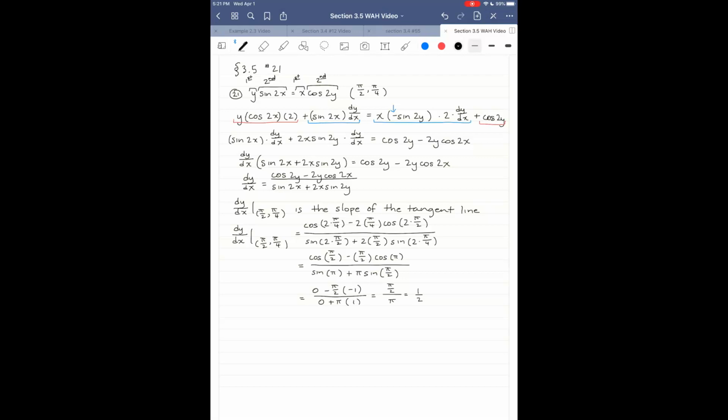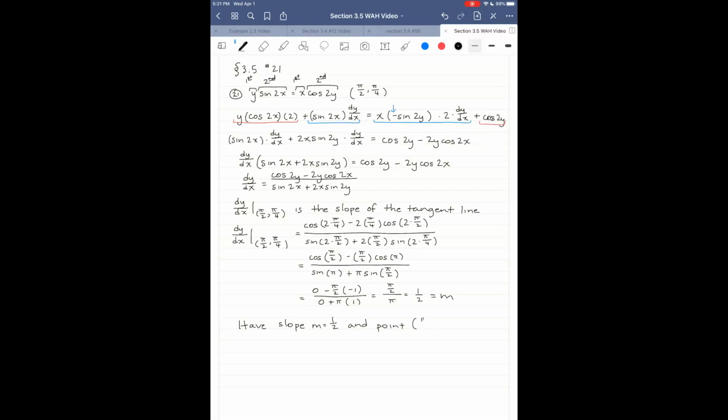So this is pi over 2 divided by pi. I believe that is 1/2, because the pi's cancel out, right? So pi over 2 divided by pi is pi over 2 times the reciprocal 1 over pi, and the pi's cancel, and I'm left with 1/2. So that is m, the slope of my tangent line.